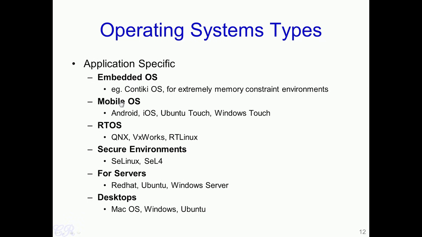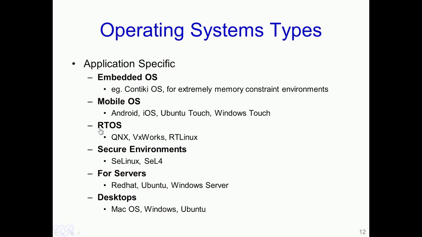So, the mobile OSs like the ones we mentioned over here have quite some similarities in this aspect with the embedded operating systems like the Contiki OS. However, mobile operating systems unlike the embedded OSs also need to take care of certain special devices. For instance, the monitors or the LCD screens and keypads. In other words, the mobile OS also has user interaction which typically is not present in the embedded OS.